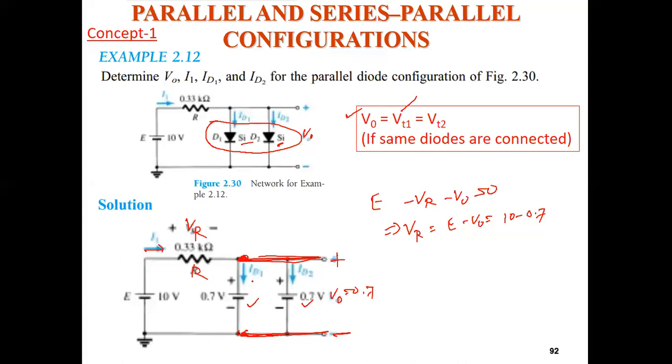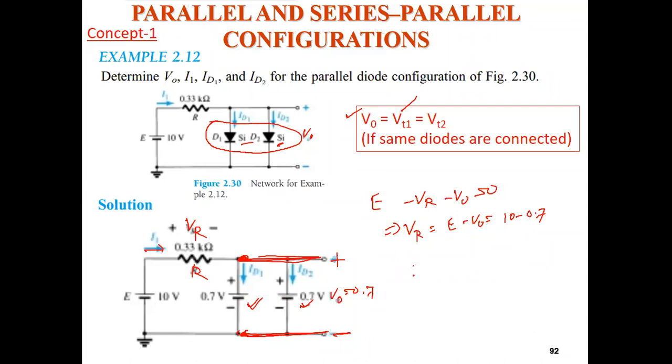Here ID1 and ID2 will be the same. Why? Because both paths have the same characteristics, because both the diodes are silicon. So the resistance of both will also be the same. That means ID1 equals ID2 equals I1 by 2.